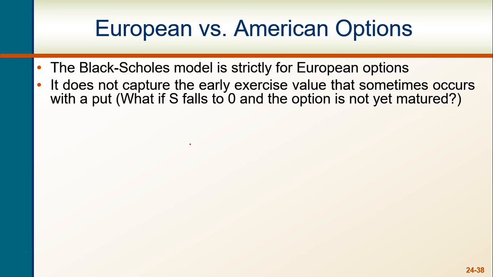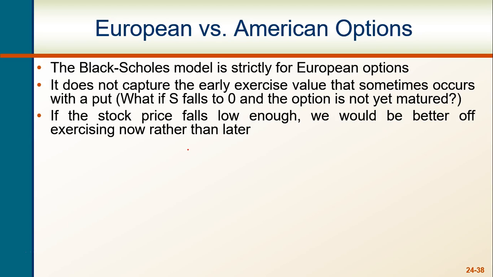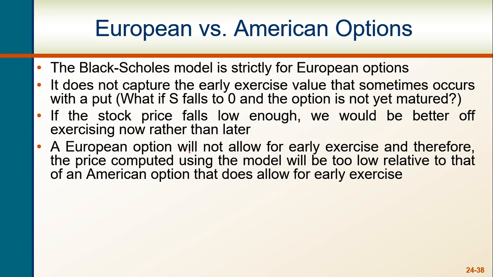But if it's an American option, you could exercise it even before maturity. So clearly, an American option has more value in that sense, because it allows you to exercise early if you so want. Because the European option does not allow for early exercise, the price that you compute using the model is going to be too low relative to that of an American option that does allow for early exercise.